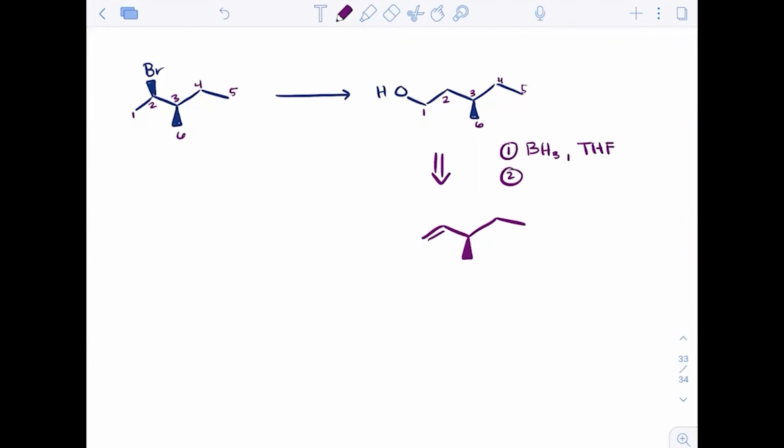BH3 with THF. This is a two-step reaction. We need peroxide and sodium hydroxide, any order for that second step. Two isolated steps, right? Two sets of reagents there. Now, that's how I can take an alkene to a less substituted alcohol. Well, how do I make that alkene?